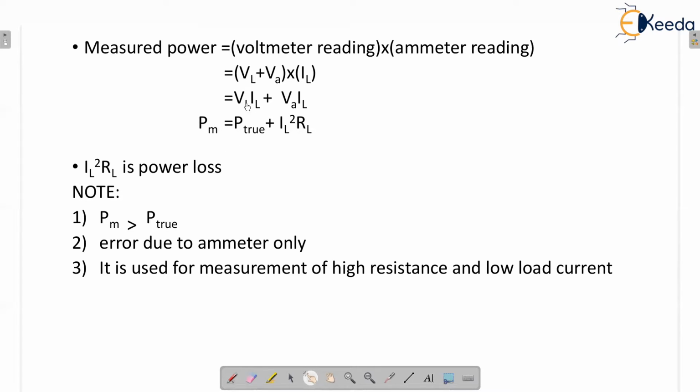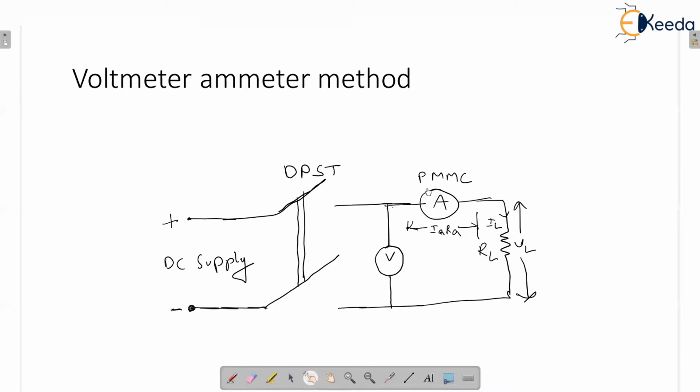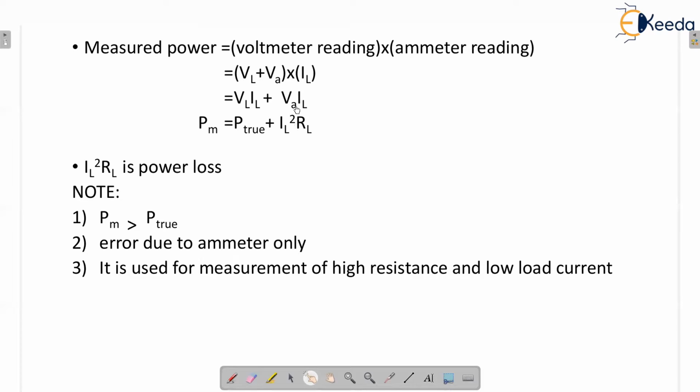So measured power is equal to true power plus VA IL, which is IL square RL, the power loss across the ammeter. VA is the voltage drop across the ammeter. So IL square RL is the power loss.